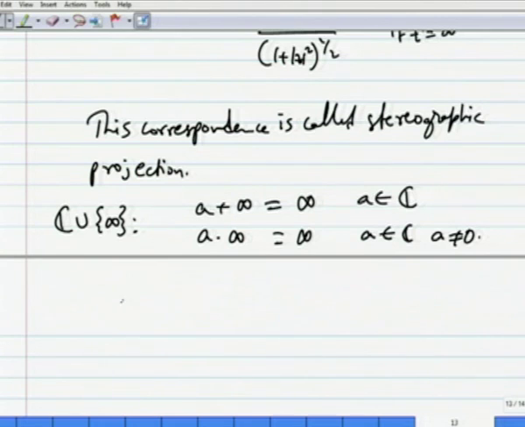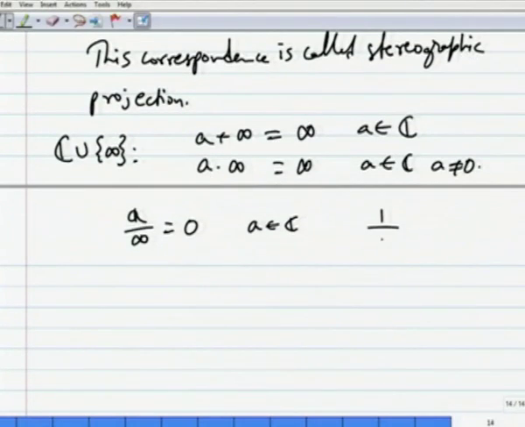And then 1 by infinity is equal to 0, or a by infinity is equal to 0, a belongs to C, and then 1 by 0 or a by 0, a belongs to C, is infinity. So, we have this additional arithmetic.